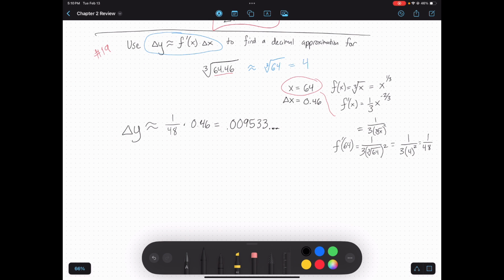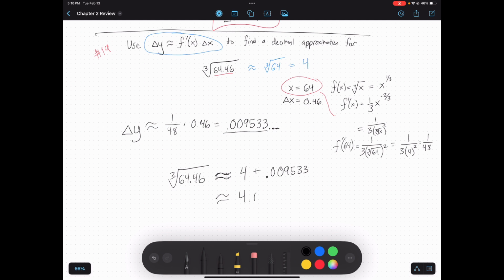So to get my decimal approximation, the cube root of 64.46 is approximately my value of the cube root of 64 plus the change, 0.009533.